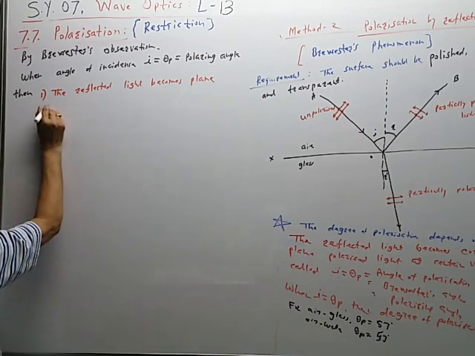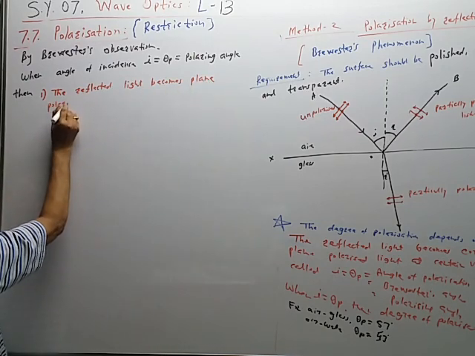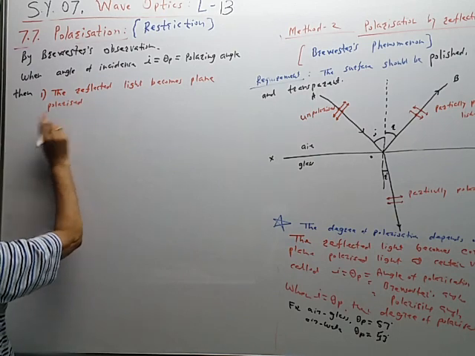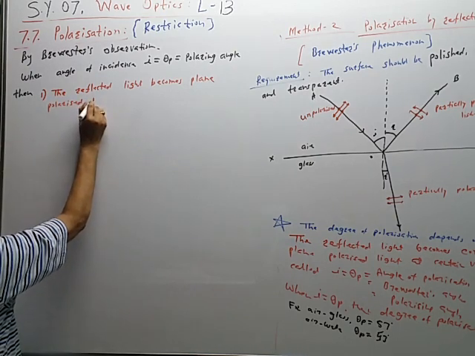So we can produce plane polarized light by this method. Only you have to adjust the angle of incidence.